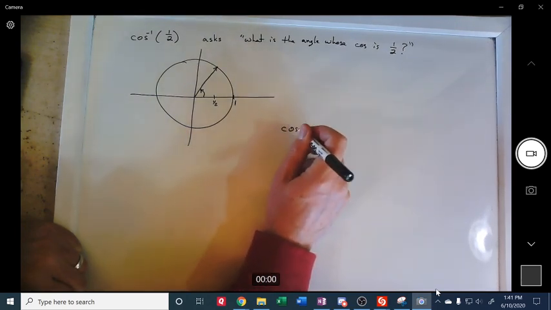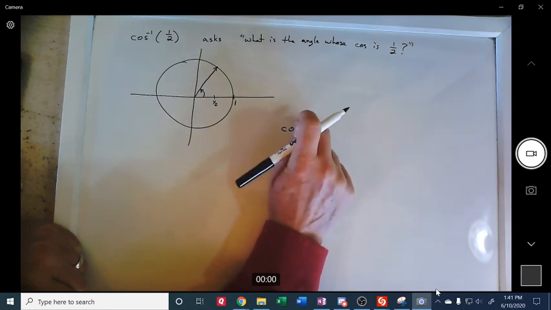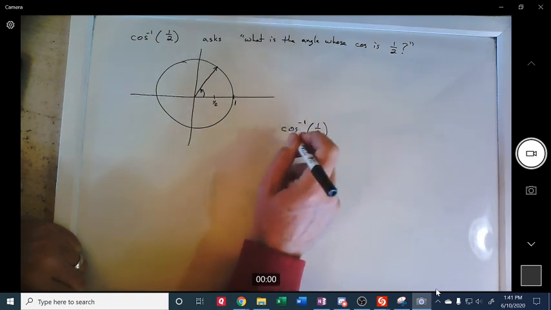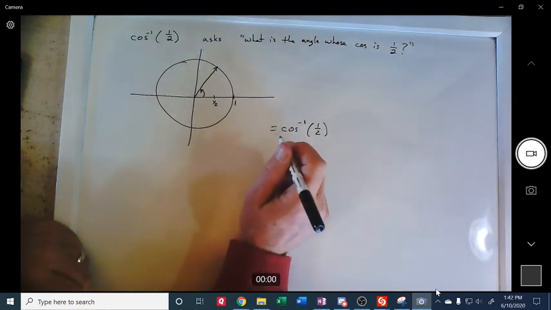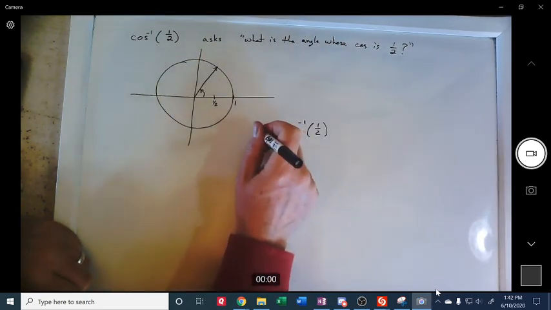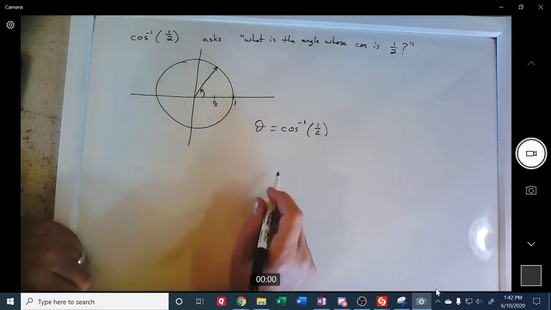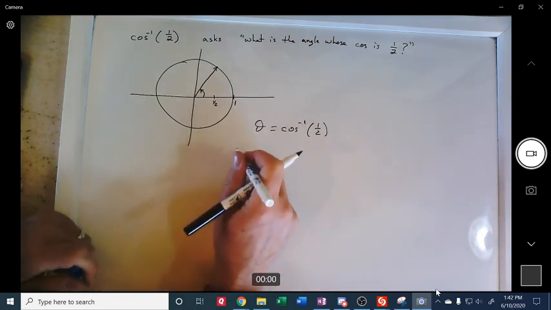Another way to look at this again, inverse cosine. Let's just call this a value for a minute. Since it's an angle, let's use a Greek letter, theta. Then let's take the cosine of both sides.